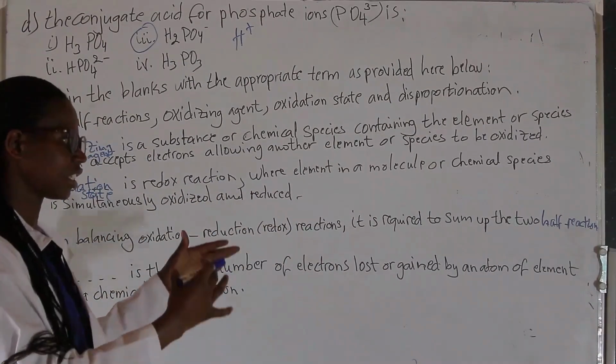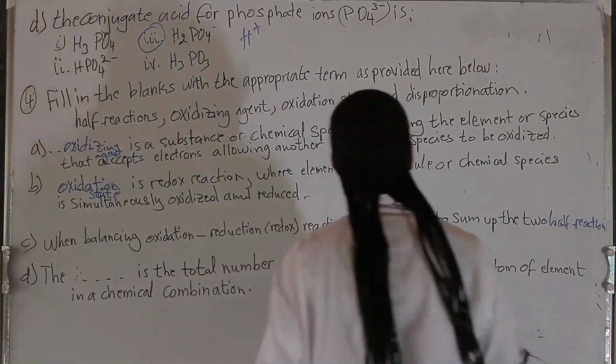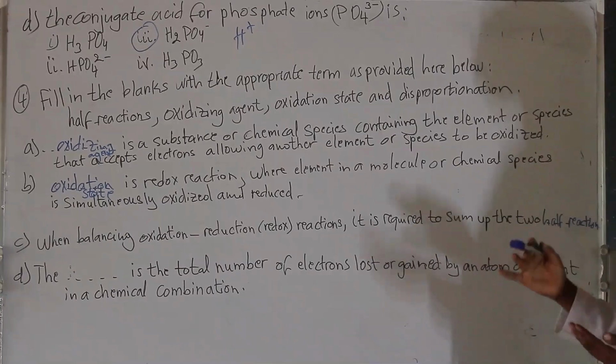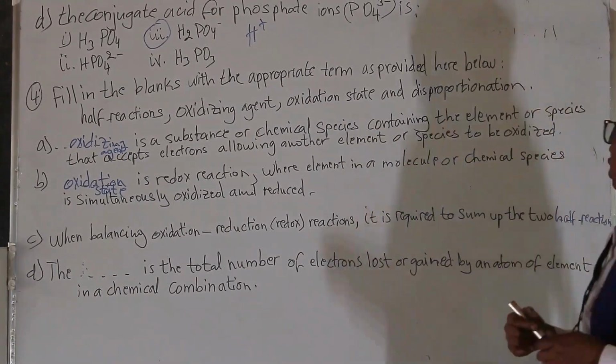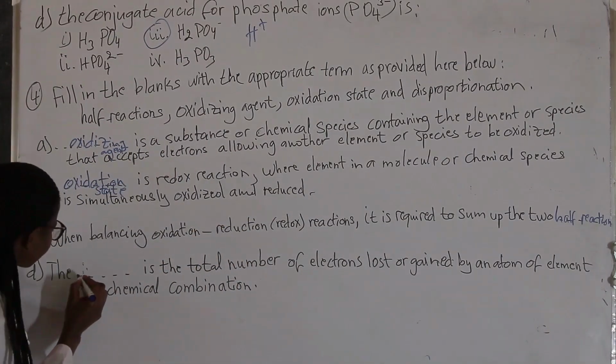But after balancing the chemical equation, we sum up the number of electrons either lost or gained. That's why here we can fill in disproportionation.